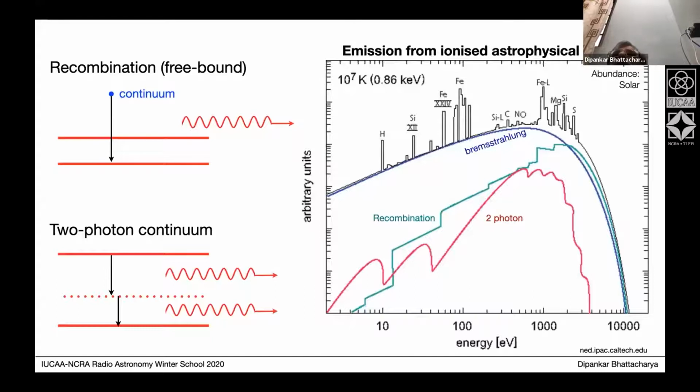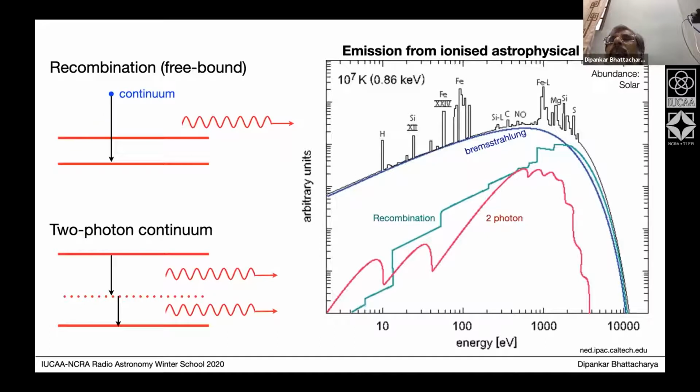Such plasma also produces continuum in some other ways. One is that a free electron can get captured by a proton or an ion which is present and then form a bound state.